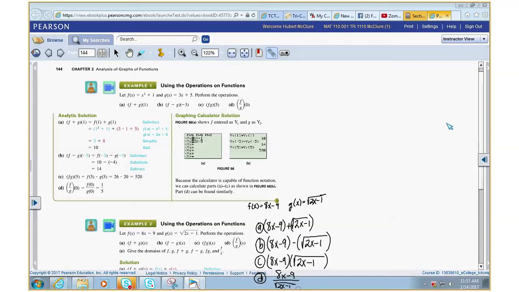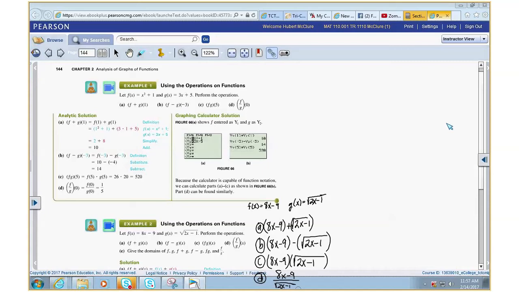That's it. That's a test question. Do you need to overthink it? No, just do it. Now, it does ask you for the domain. Well, the only thing you got to watch out for is you can't take the square root of a negative. So you have to set the radicand 2x minus 1 equal to 0.